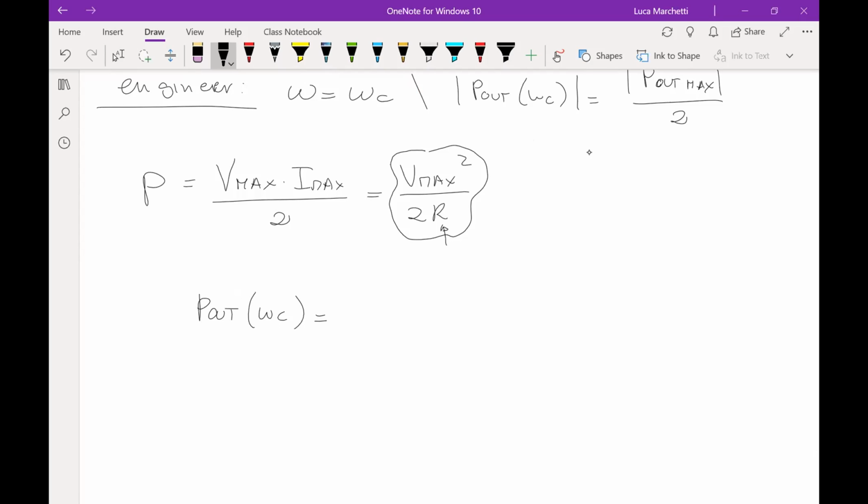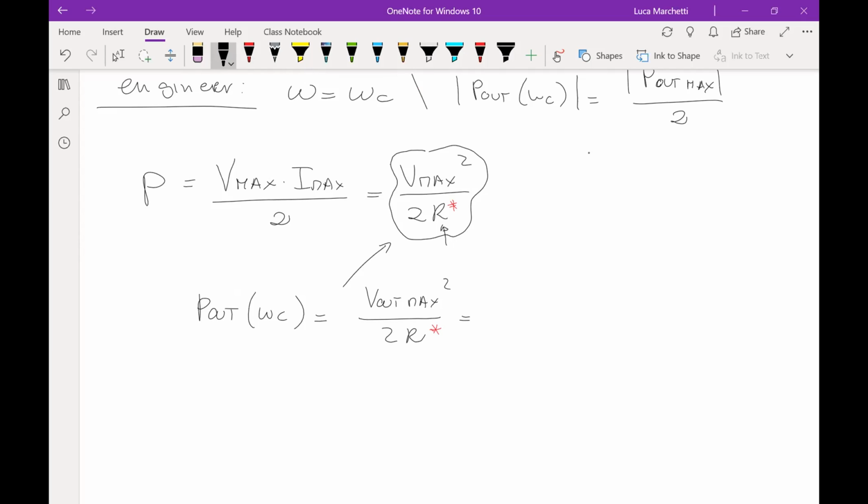The power at omega c, based on this definition, is V out max squared divided by 2R. R is an imaginary resistance. It's not the resistance in the filter, okay? It's important to know this. Let me call it R star, so you don't get confused. And so this is the power of the output at omega c.